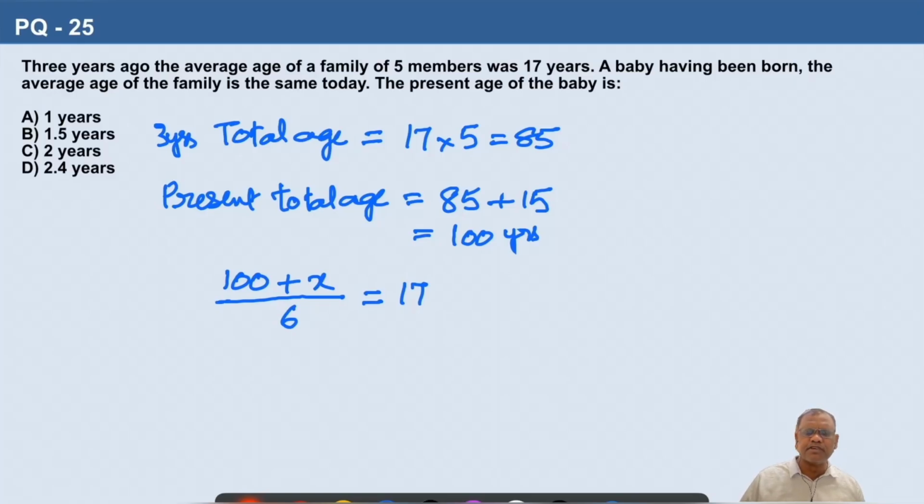Now let us simplify, find the value of X. So this is the age of the baby, we assumed as X. So 100 plus X is equal to 17 into 6, which is 102.